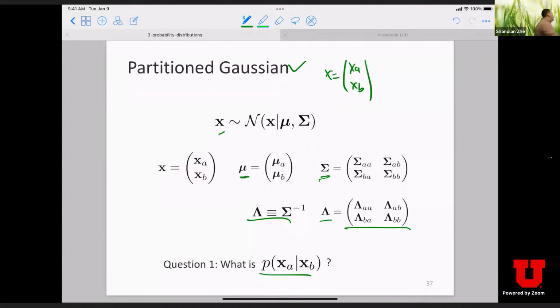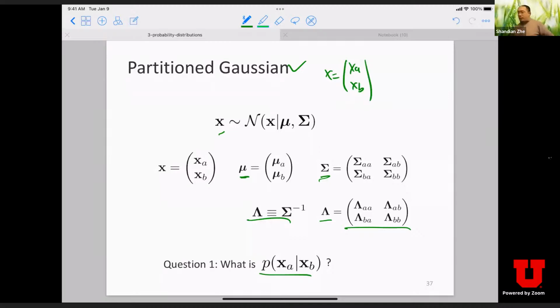What kind of distribution do you expect for this conditional of x_a given x_b? Yes, exactly. Still a Gaussian distribution.